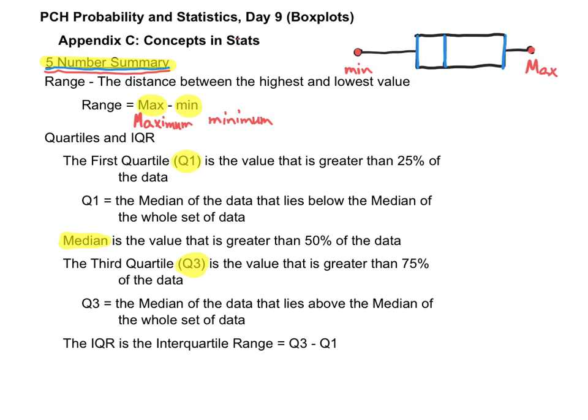Okay, so now we want to talk about quartiles. Anytime you see that root word quart, you're thinking quarter or fourths, right? Basically what we're doing here is dividing our data into quarters. If you look at our box plot, it's divided into quarters as well.